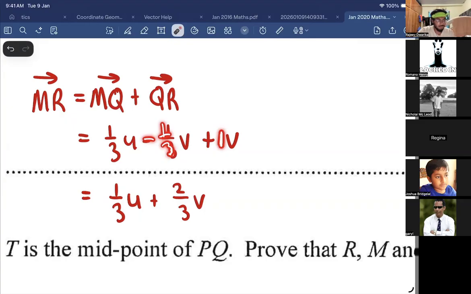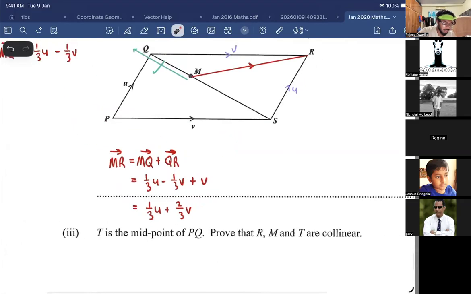Sir, repeat, what is minus a third plus 1? Two thirds. That's not something you have to do in your head. You just plug it into your calculator. But we're not done.